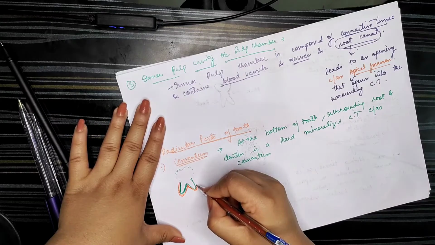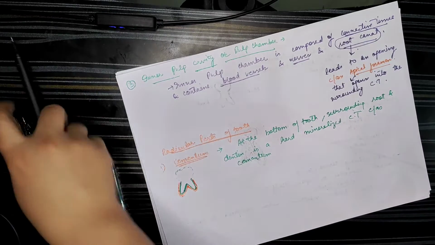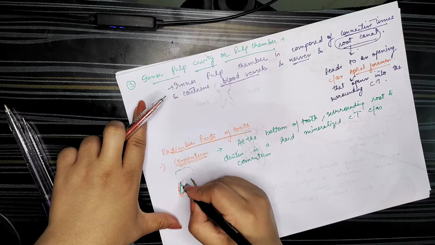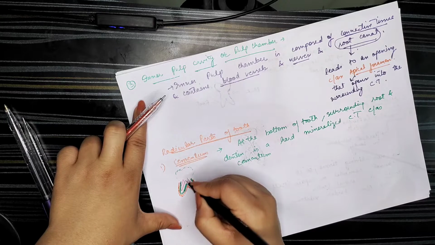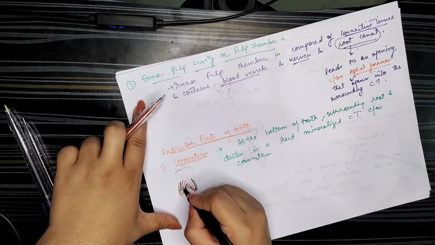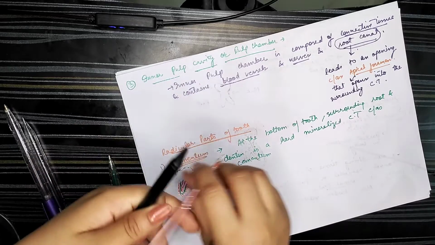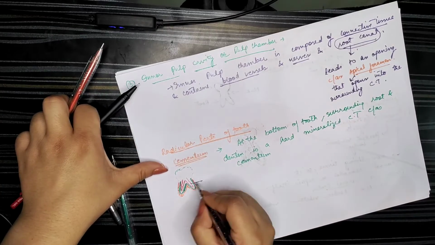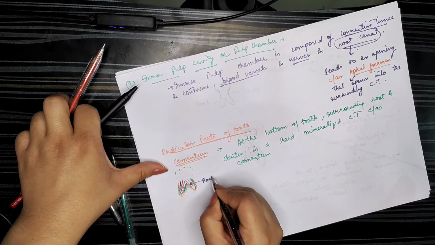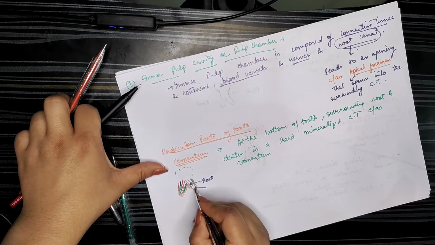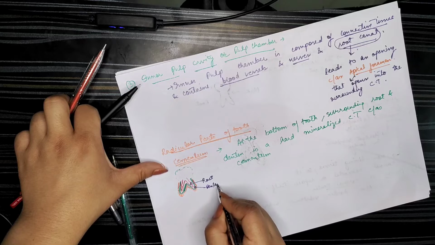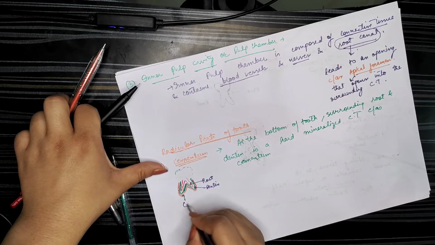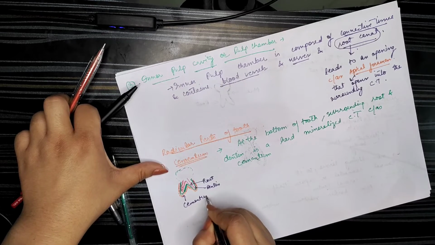Like this is the root, dentine surrounds the root, and this is the cementum.